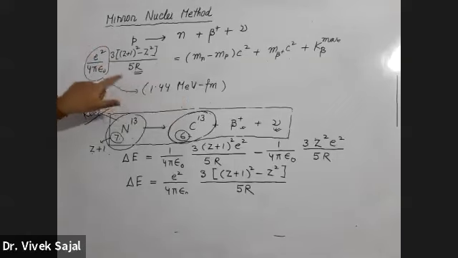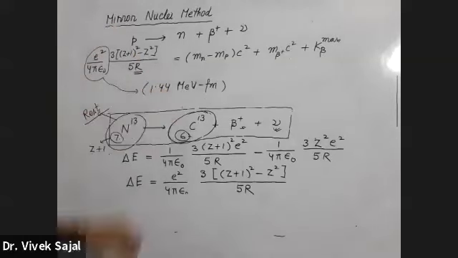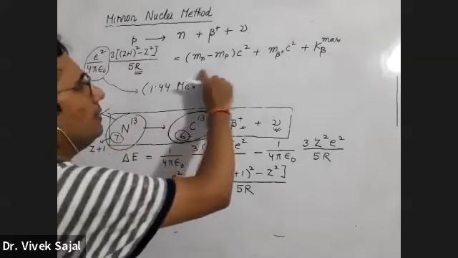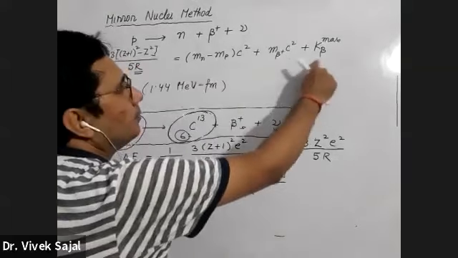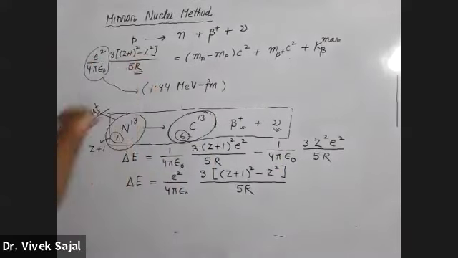If you use R in Fermi, then the Fermi will cancel out and the left hand side will be in terms of MeV only. Substitute all values in terms of MeV and you will get your final answer for R, the radius of the nuclei.